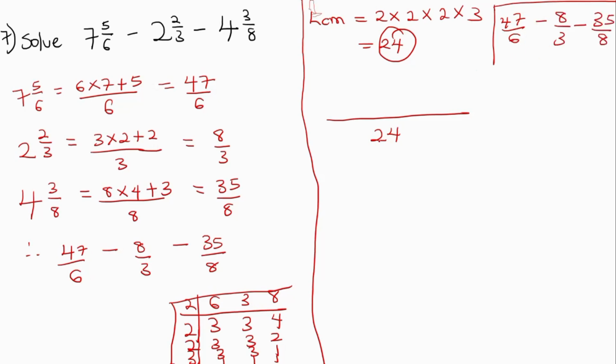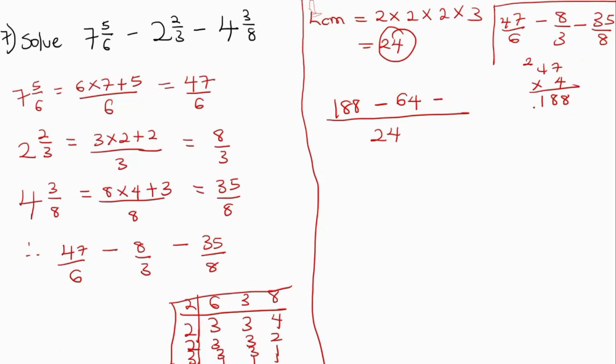Okay, so 6 into 24 is 4, and 4 times 47, which is 47 times 4. 4 times 7 is going to give us 28, so we have 8 and carry 2. 4 times 4 is 16, and 16 plus 2 is 18, and this is 188. Minus 3 into 24 is 8, and 8 times 8 is 64. So this is going to be 64. Minus 8 into 24 is 3.